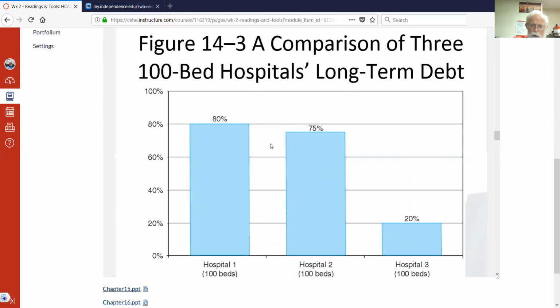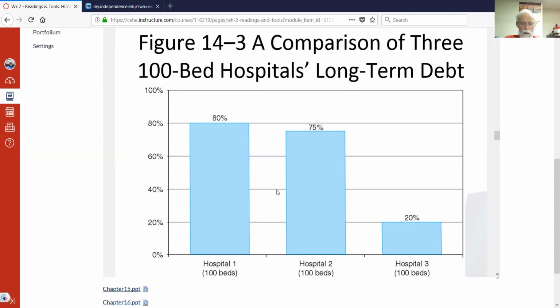My question here would be, did this one just pay down whatever created the long-term debt, which was probably either a mortgage or an expansion? Or is there something else going on here? Do we need to expand this hospital, or expand the services, or do some capital investment?